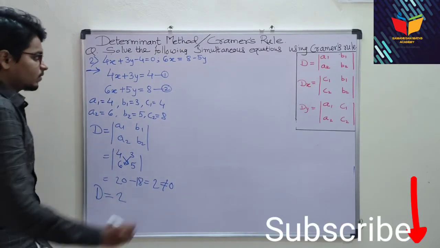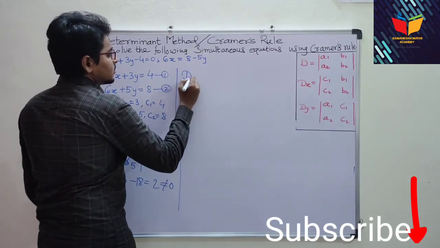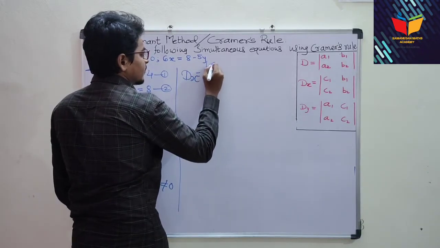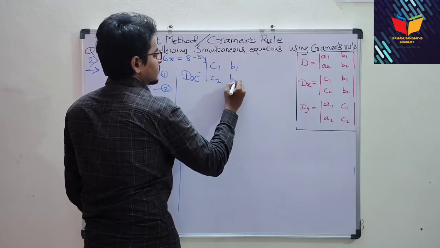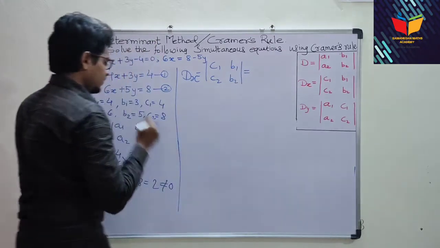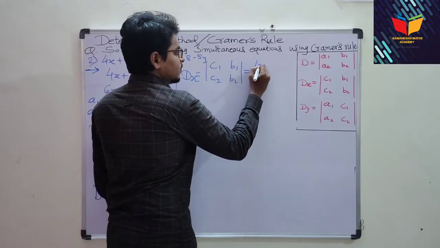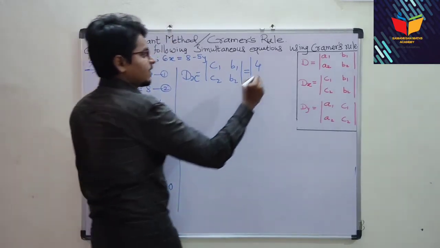Now we will find value of dx. So dx is equal to, here c1 c2 and b1 b2, which is equal to, value of c1 is 4 and c2 is 8. So first 4 8 and b1 b2 are 3 and 5.